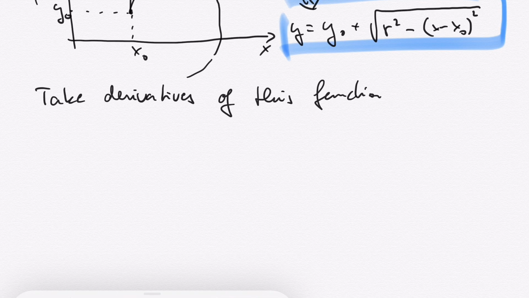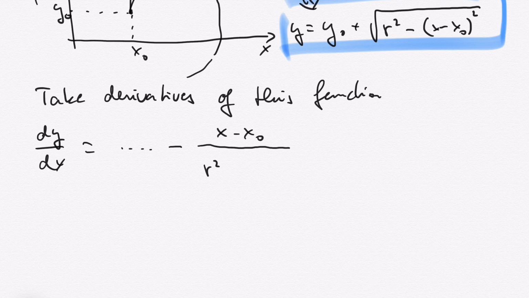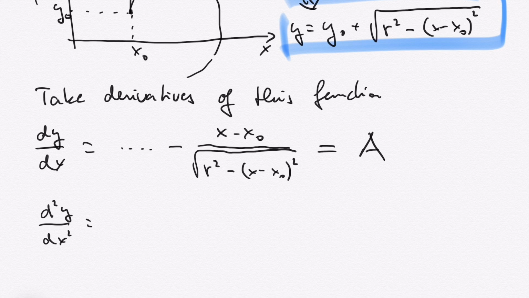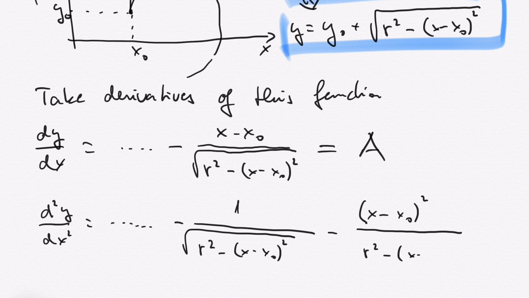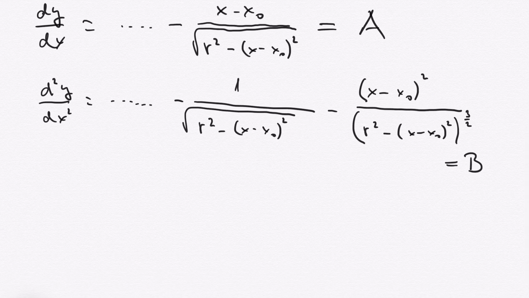This is easy because everybody can take derivatives. dy by dx, you can calculate this for yourself, and this is the result: x minus x0 over the square root of r squared minus x0 squared, and we'll denote this by a. Then the second derivative can be calculated, and it has two terms. The first one is minus 1 over the square root of r squared minus x0 squared. Then there is x minus x0 squared over the same denominator to the power 3 halves, and we denote this b.